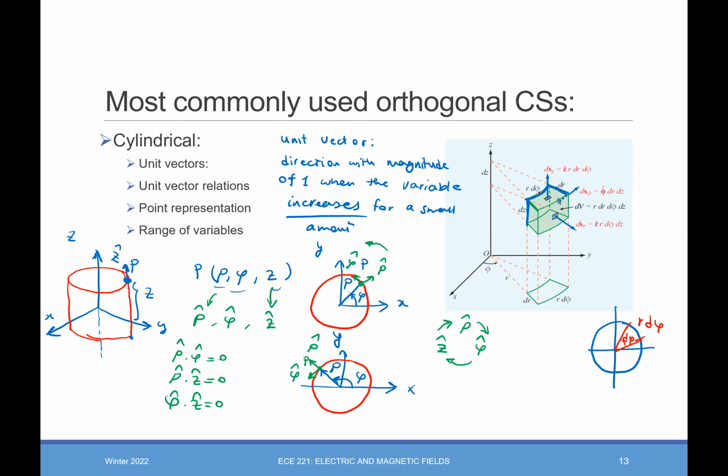So that's why the different sides of this volume are going to be r d phi, dr, dz. And the volume itself is going to be the multiplication of all of these lengths together, r dr d phi dz. Okay, I'm going to stop here and see if you have any questions.